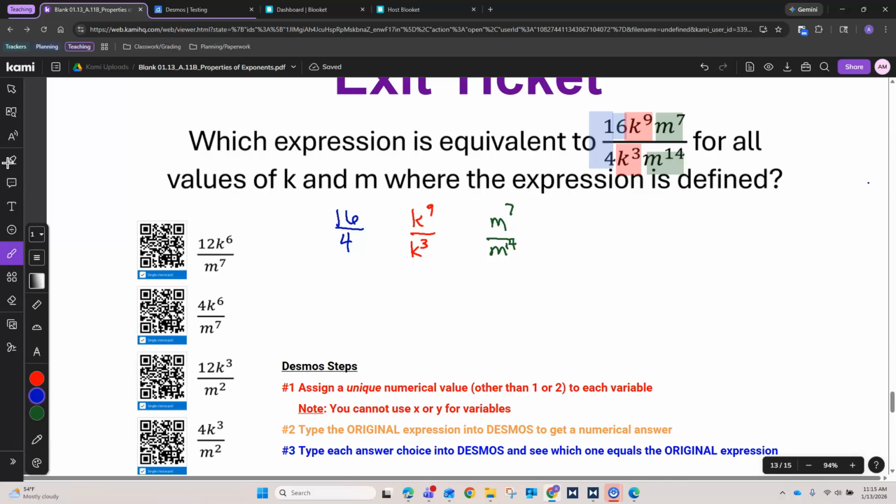So 16 over 4 is 4. K to the 9th over k to the 3rd. Remember, we subtract. Subtract again here.